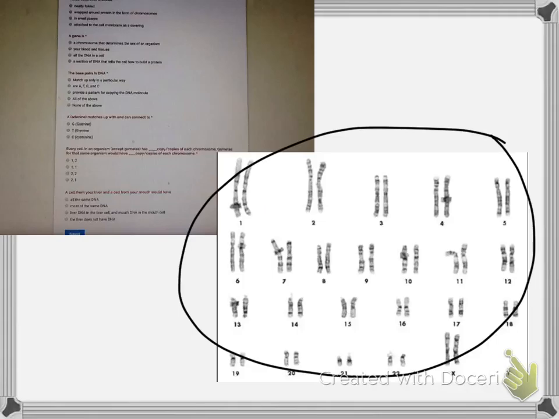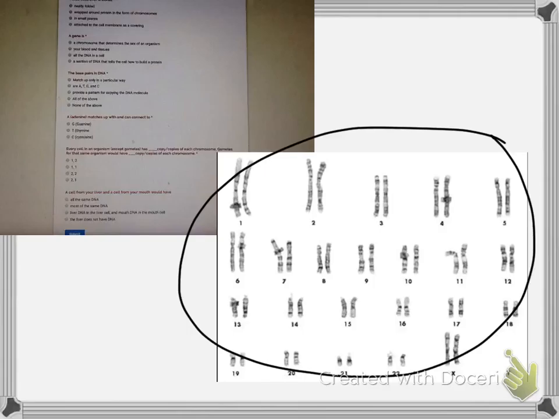The last one was also missed a lot. A cell from your liver and a cell from your cheek. Do they have the same DNA? Yes. So every cell in your body, again, except those gametes because they only have half your DNA, has the same DNA.